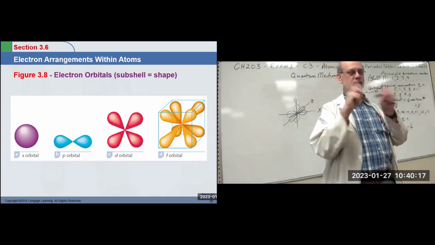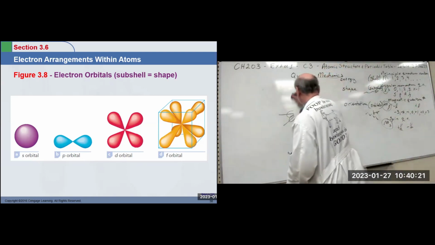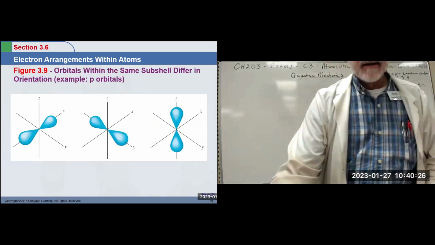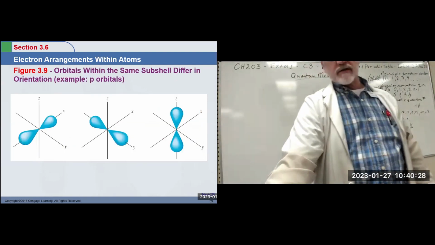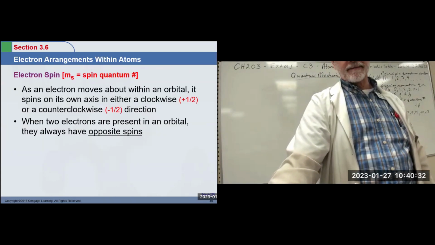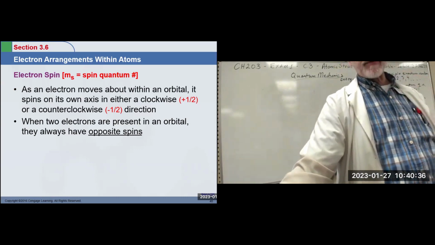Got to be rotating opposite to one another. All right, so there's your orientation for the p orbitals. And there's your spin. You have to have opposite spins.